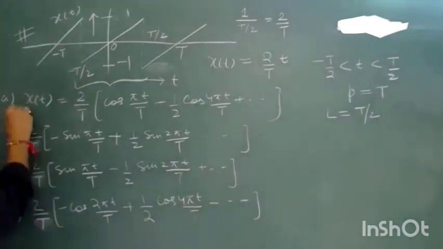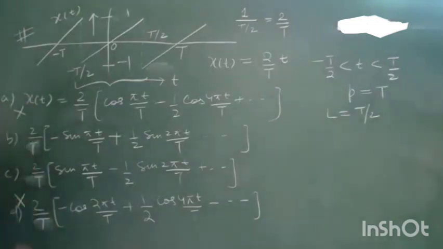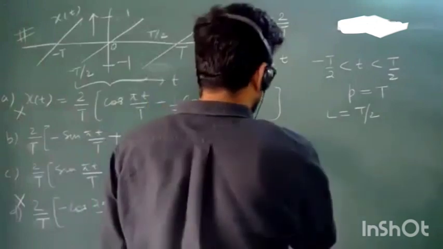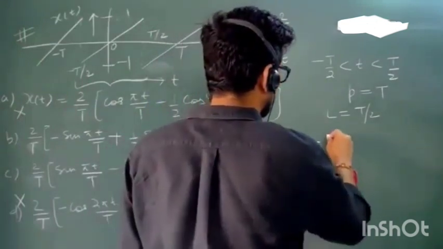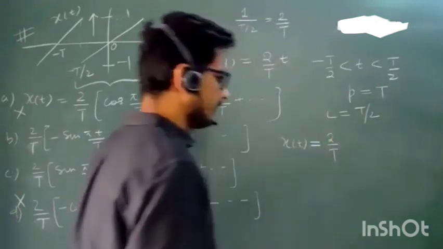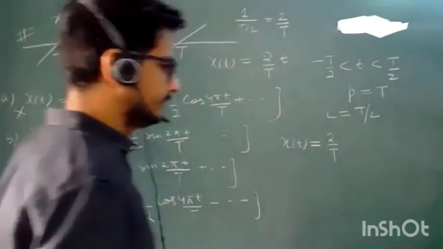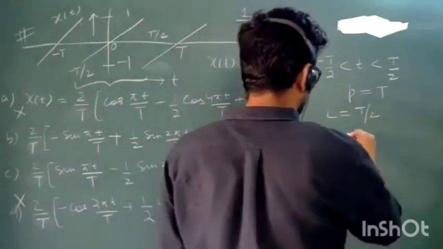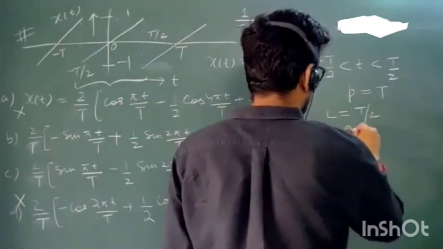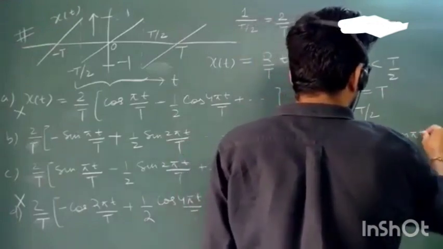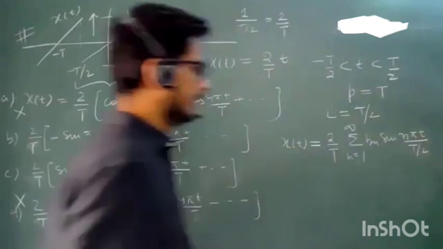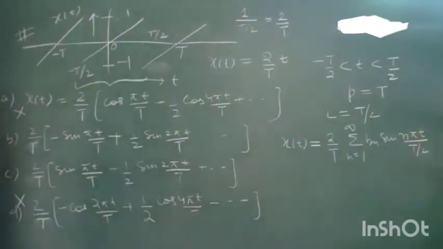Yes. So option A and option D are directly wrong. Correct? Because, being an odd function, what will happen? The value of xt will be 1 by L, that means 2 by t, and summation n equal to 1 to infinity bn sine n pi t by L. This will be the series.